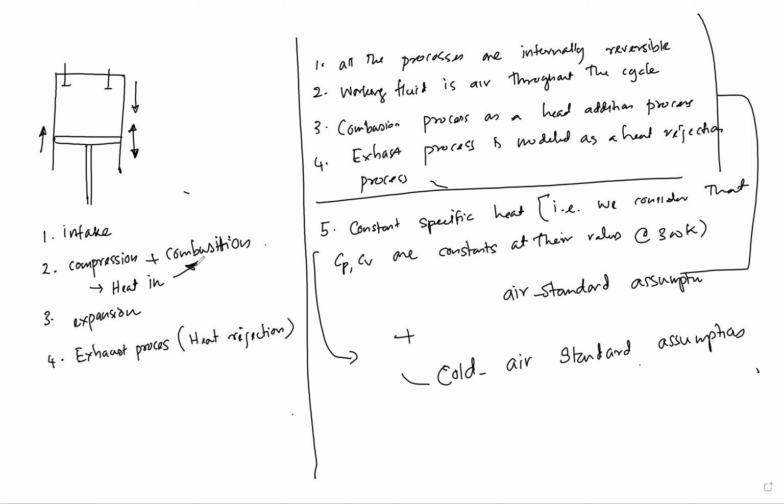In theoretical analysis, we consider there are four different processes. So if I write the Otto cycle, these are the processes that we use to model the actual processes.